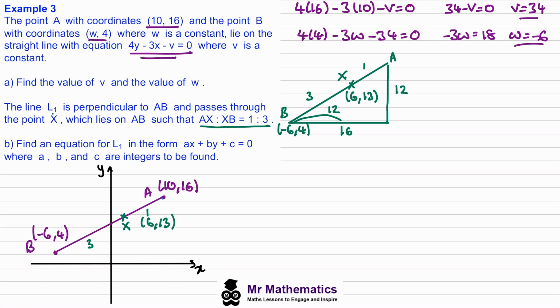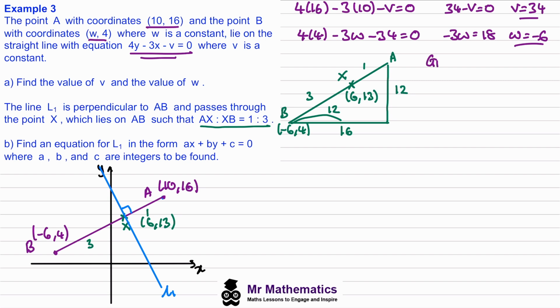And that the line L1 is perpendicular to AB. So we can sketch line L1 passing through X, perpendicular to AB, and because it's perpendicular, we know the gradient of line AB will be the negative reciprocal of the gradient of this blue line L1.